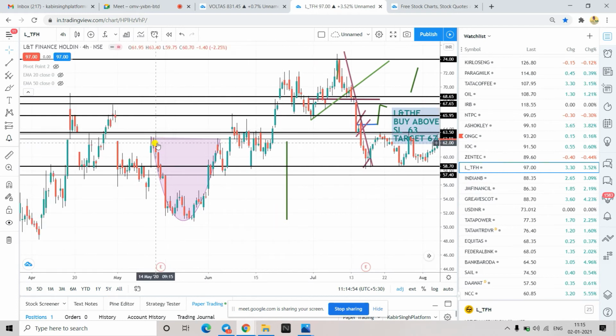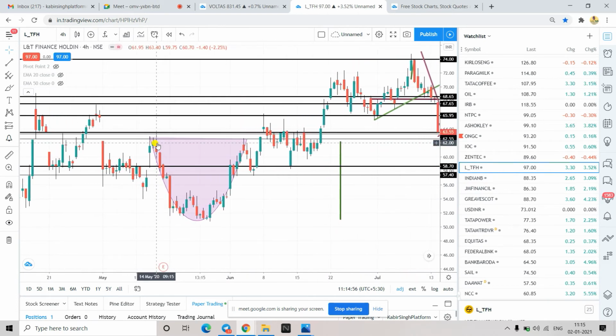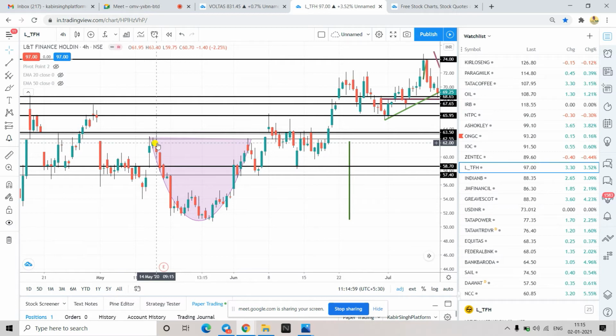I was talking about this pattern here. If you could see, this is known as a cup and handle pattern.